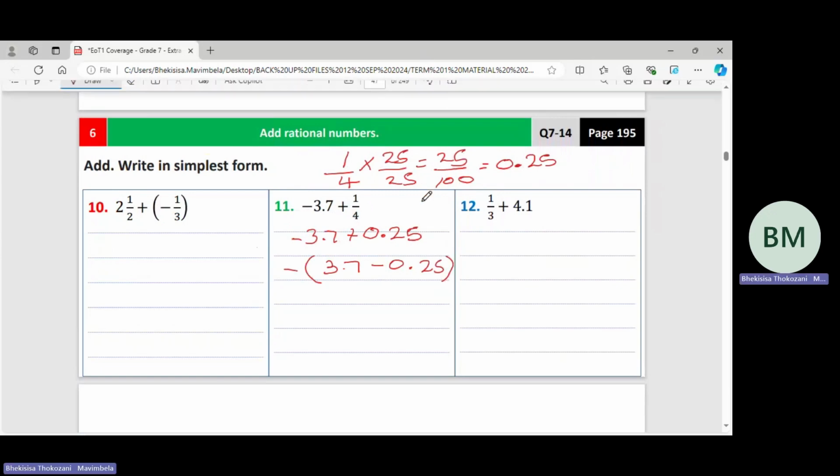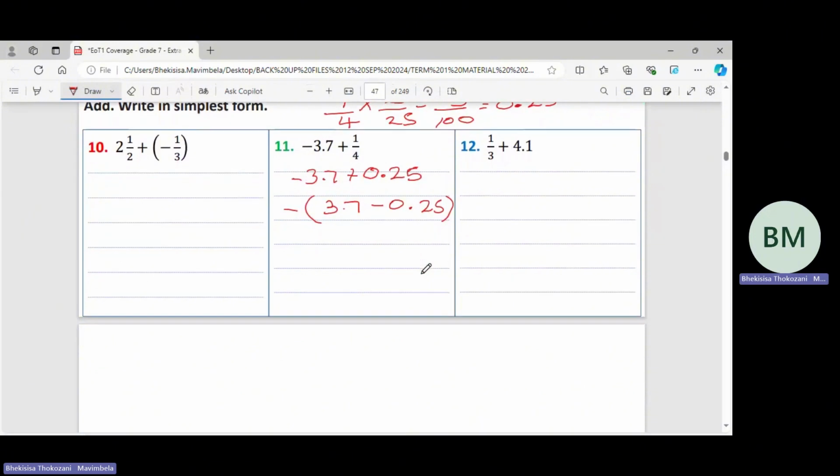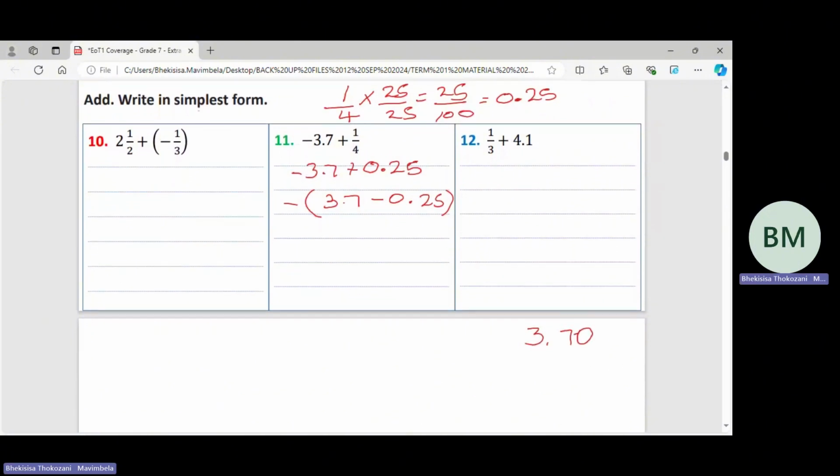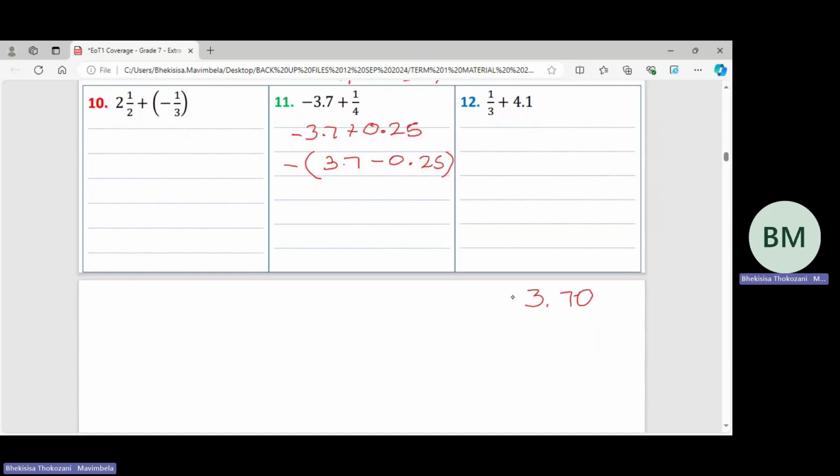This one here is a bit messy, so let's try to do some notes here on the side. We can just say 3.7. Because there are two numbers after the decimal point, I'm going to put here another 0. I have not changed that as well. I'm just including 0 so that I can be able to work with 0.25, because there are two numbers after the decimal point.